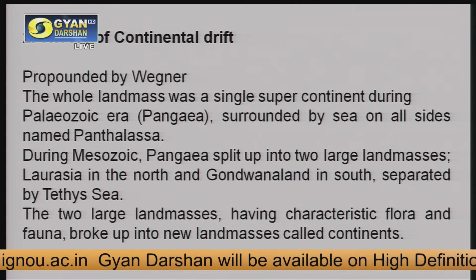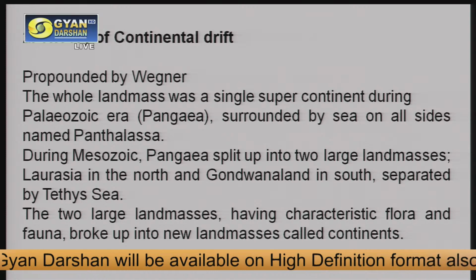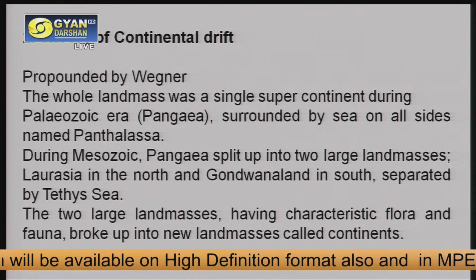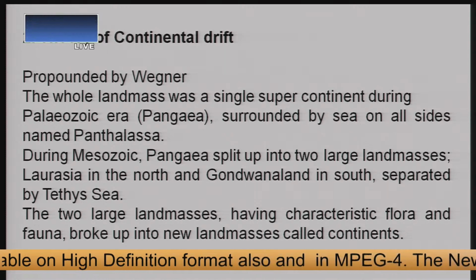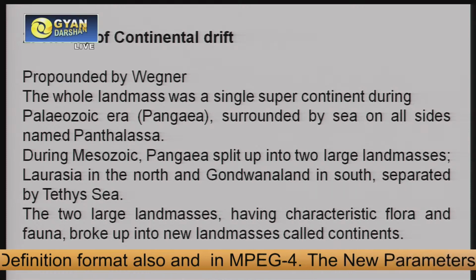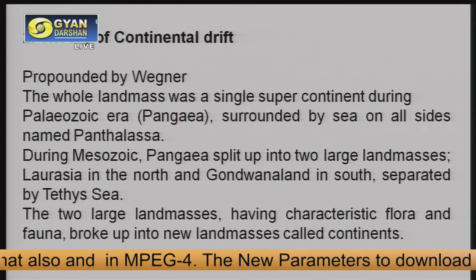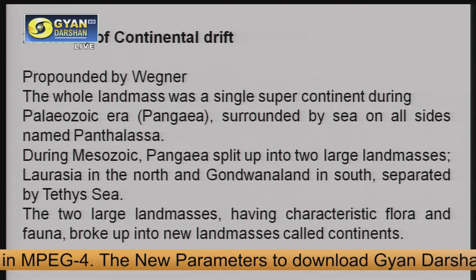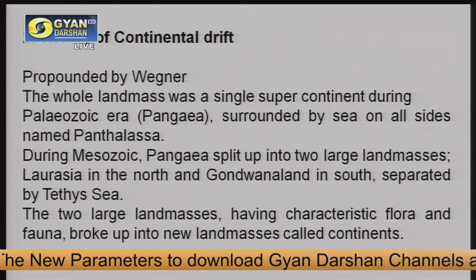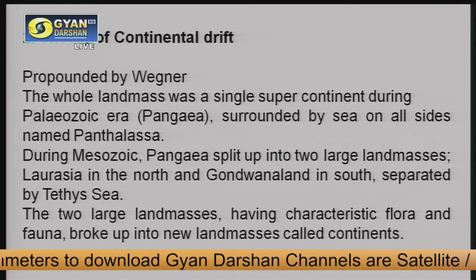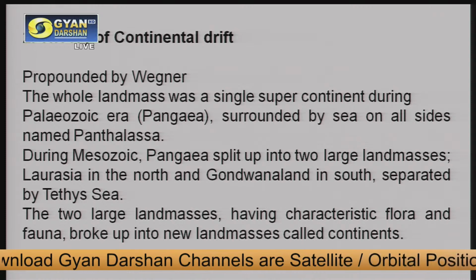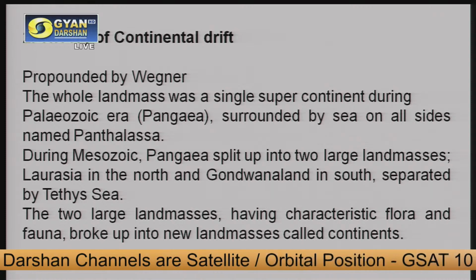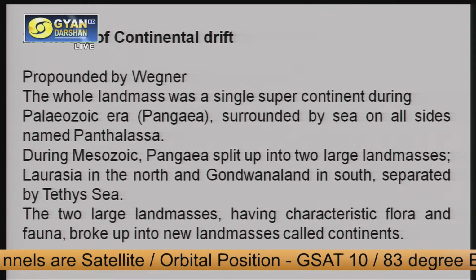And what will happen to the plant species which are present in Pangaea? They will get separated now. So they will get discontinuous because the landmass has been split into two parts, Laurasia and Gondwana land. So the two large landmasses having characteristic flora and fauna now broke up into new landmasses called continents. Even later on, Laurasia and Gondwana land also got split up.